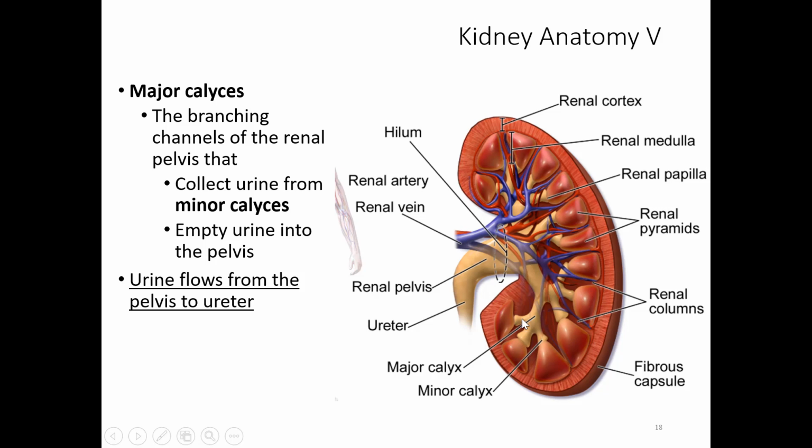Usually 2 or 3 minor calyces merge together and form a major calyx, a little bit larger tube. All together, those major calyces also fuse together and form the renal pelvis. Through the renal pelvis, the urine flows to the ureter.